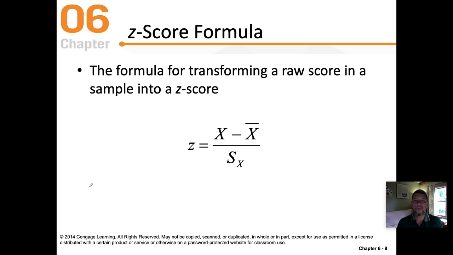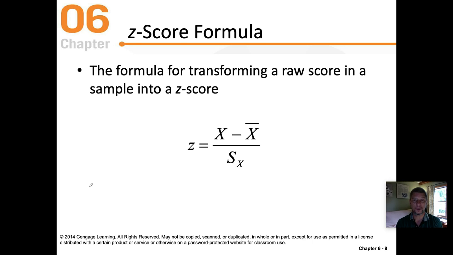The formula for transforming a raw score in a sample into a z-score is z equals x minus x bar all over s sub x. Of course, z represents the z-score in this case. X represents the raw score, so this is Binky or Biff or Slug's actual score on the attractiveness scale.